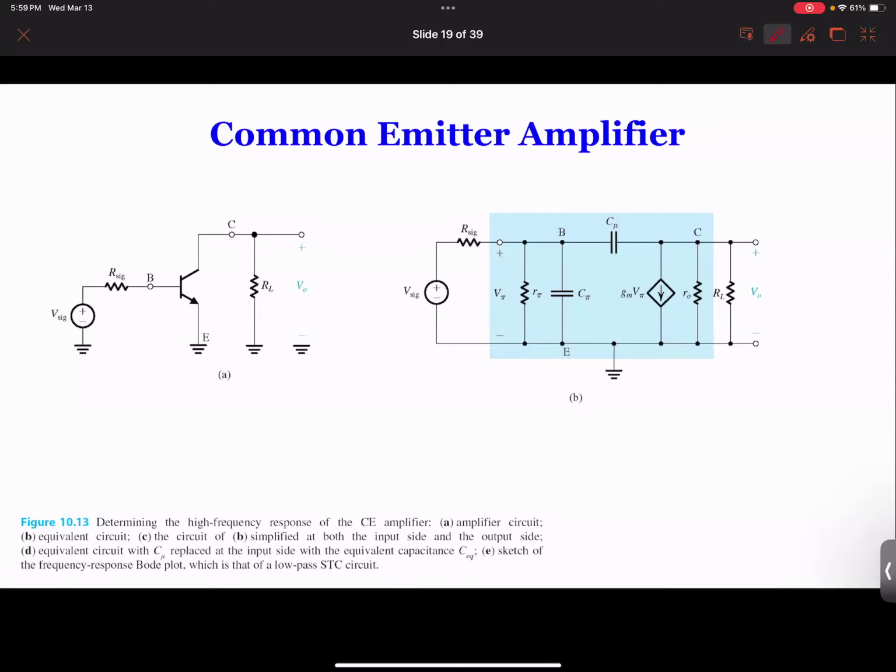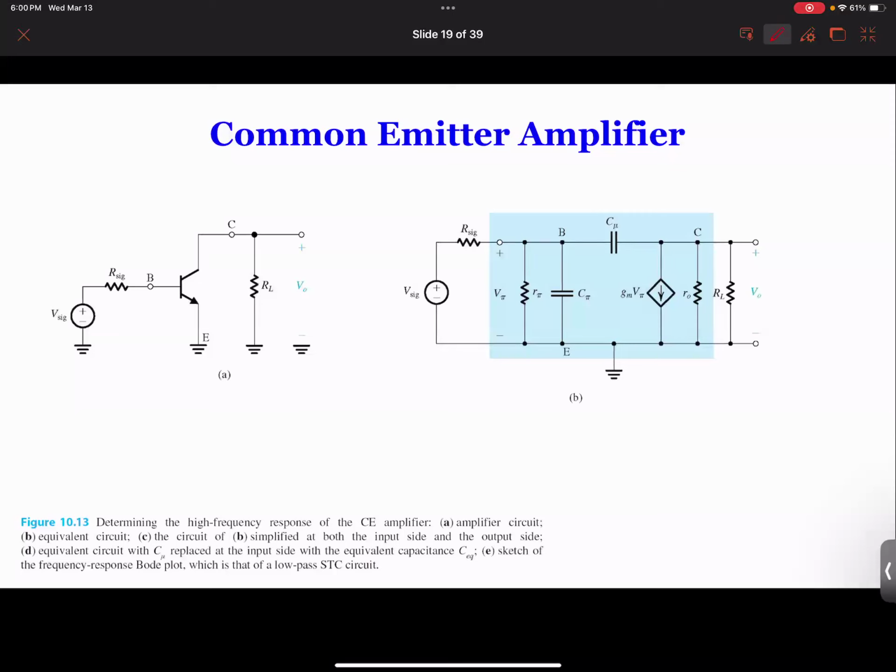Since we already did the MOSFET, what we did was we tried to simplify the middle capacitor, the CGD. You can use the same idea to simplify C-mu here. Between B and C, the current is very small, so you can neglect that current when calculating the output, and then the process is exactly the same.